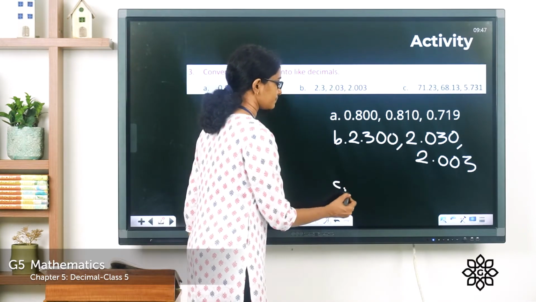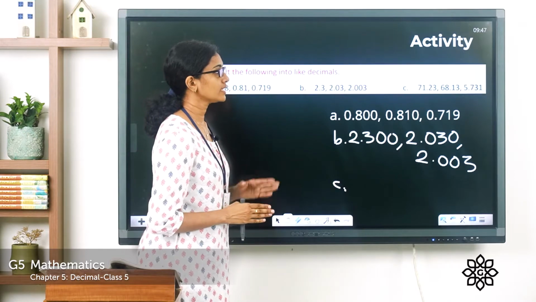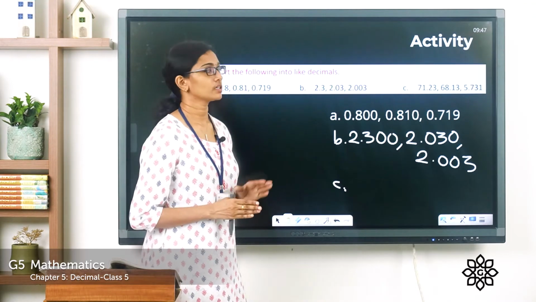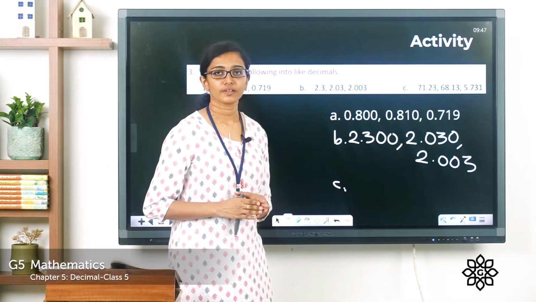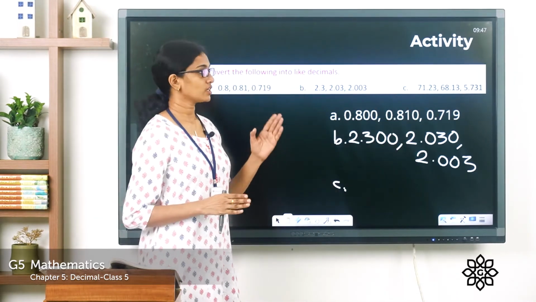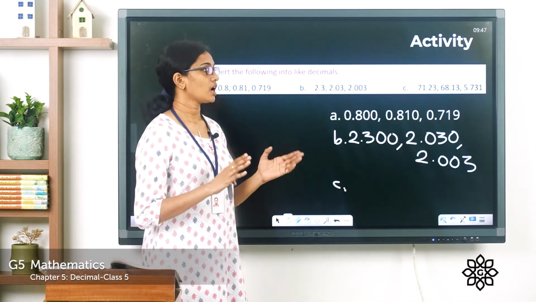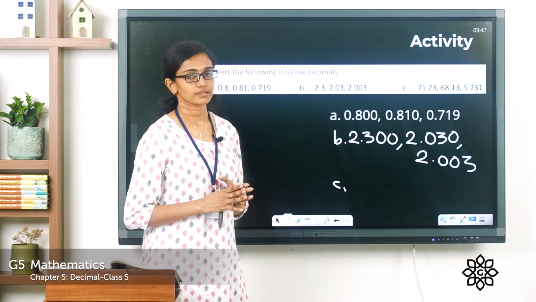Now question C, 71.23, 68.13 and 5.731. So the first 2 numbers have only 2 digits after the decimal point, whereas in the third number there are 3 digits. So let's make the number of digits after the decimal point 3 in all the cases.